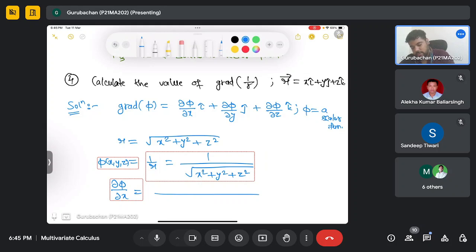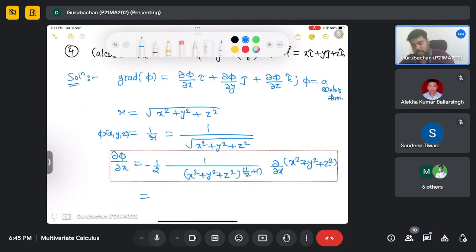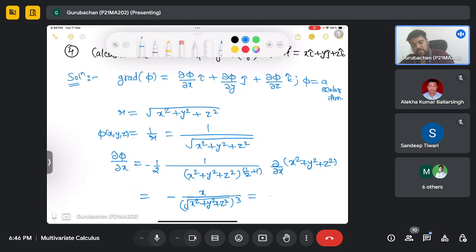So we will get minus half into (x square plus y square plus z square) to the power half plus 1, into, by chain rule, del by del x of x square plus y square plus z square. So this will give us 2x, and 2 will cancel out. This will give us minus x by (x square plus y square plus z square) under root to the power 3. So that means minus x by r cube.